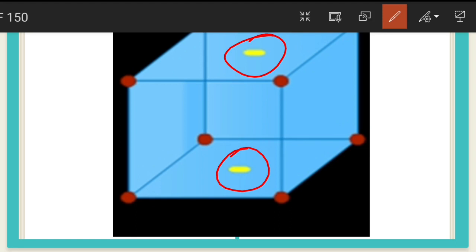Top and bottom, or left side and right side, or the one which is facing you and the one on the other side. On any two opposite faces, not all the faces, either top and bottom or left and right, or the other two faces, there should be constituent particles.